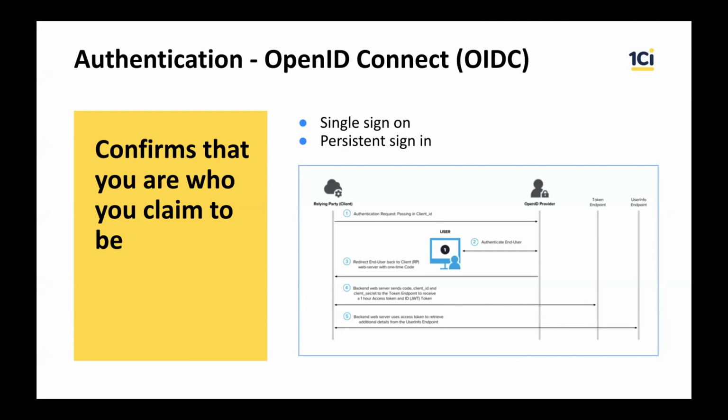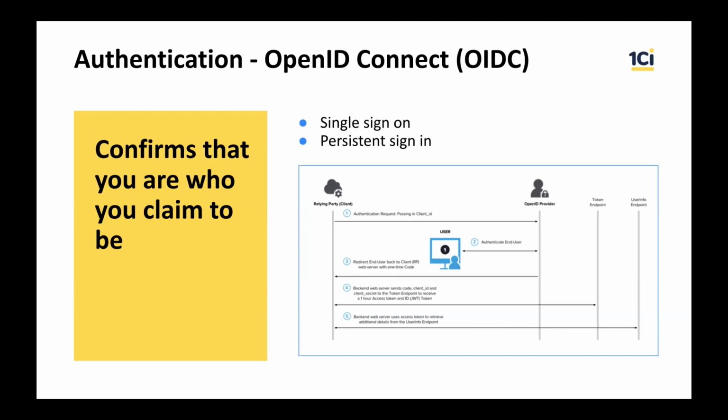And it's basically just an extension of OAuth 2.0 that allows you not only to authorize somebody, to give somebody access to some resources, but also to identify somebody, right? So you can use it for single sign-on and stuff like that.